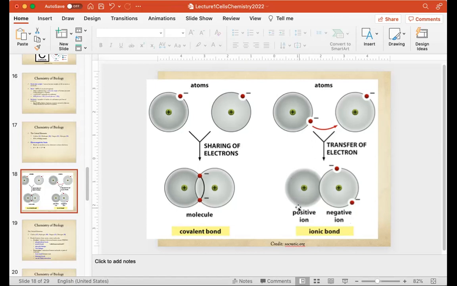This one became a positive ion or a cation. So sometimes atoms share electrons. That's a covalent bond. Sometimes they transfer them. That's an ionic bond. These two atoms are still bound together, but they're bound together differently. It's their charge that's holding them together.